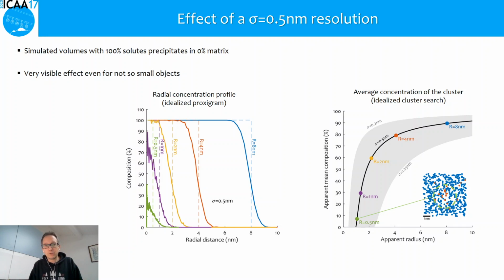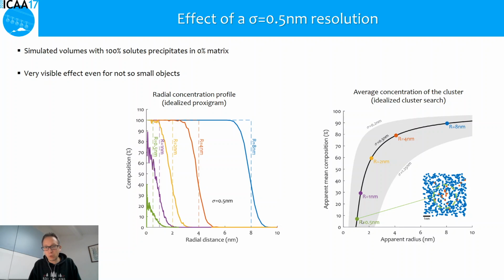It's even worse if you average the concentration of the clusters. That is, it's some sort of ideal cluster search analysis. I do a cluster search. It gets me these clusters, and it gives me the average concentration in these clusters. And you see that the average concentration, even for bigger ones, like the 8 nanometers, will already be about 80%.